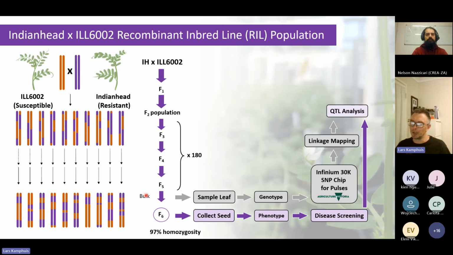We sampled the tissue at the F5 stage and then collected the F6 seeds that we phenotyped, and the tissue from the F5s we genotyped on the Pulse SNP chip that was developed by colleagues at Agriculture Victoria. That allowed us to then do the linkage mapping and QTL analysis.